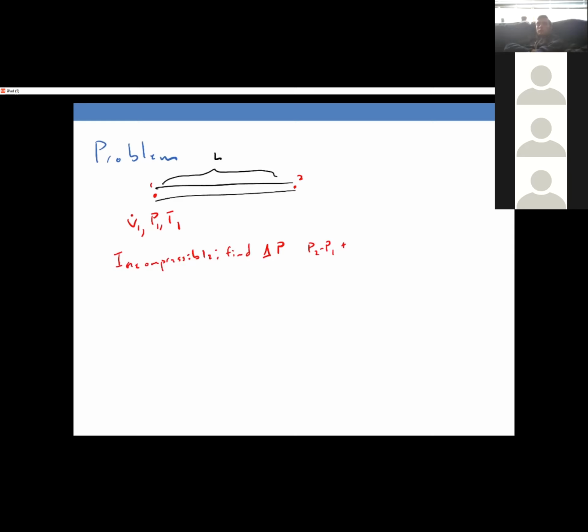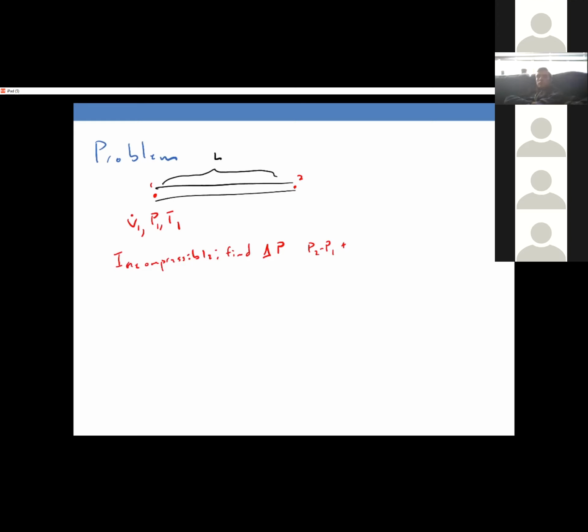And that the velocity is the same. Velocity is the same. So what happens to this one? It goes to 0.